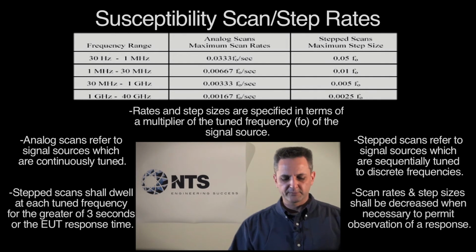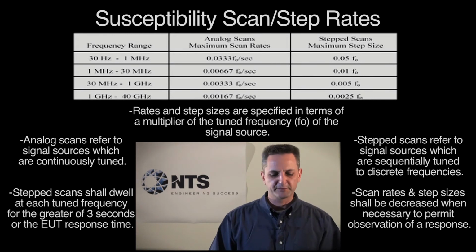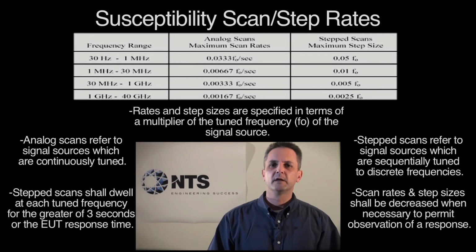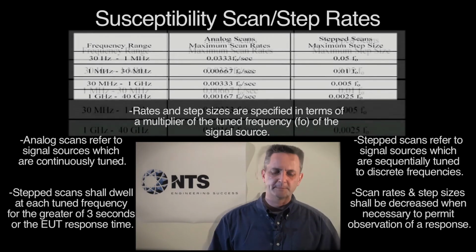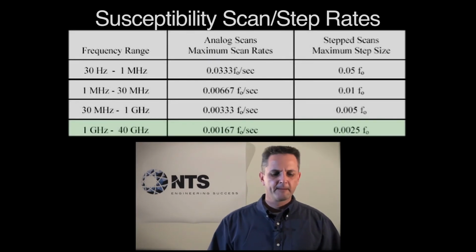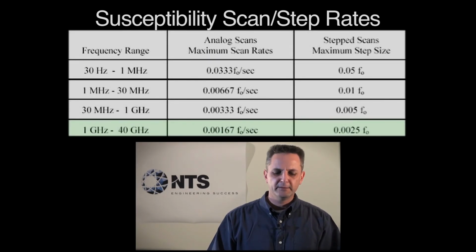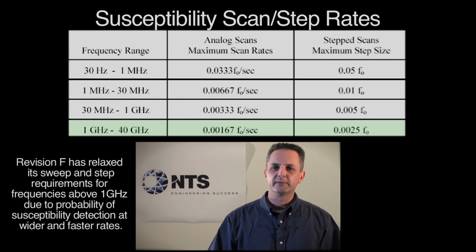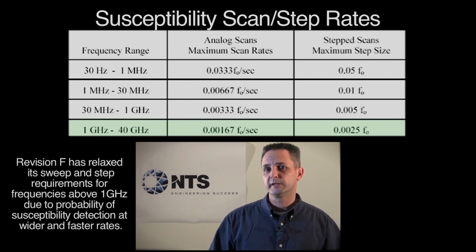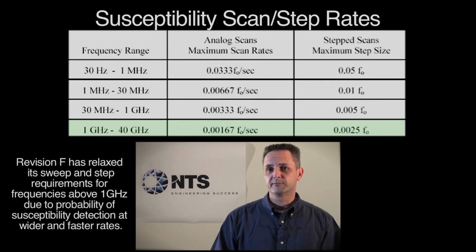Now scan rates and step sizes shall be decreased when necessary to permit observation of a particular response. And this is again based on the operation time or cycle time of that equipment. Key thing to point out is that the sweep and step times above 1 gigahertz have been changed from Mill Standard 461E to Mill Standard 461F.